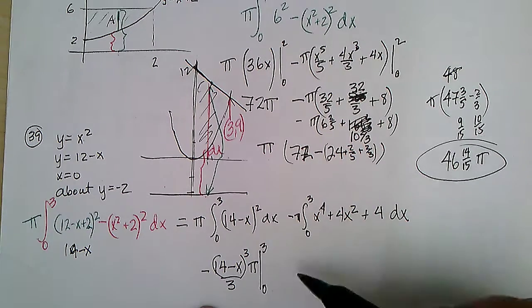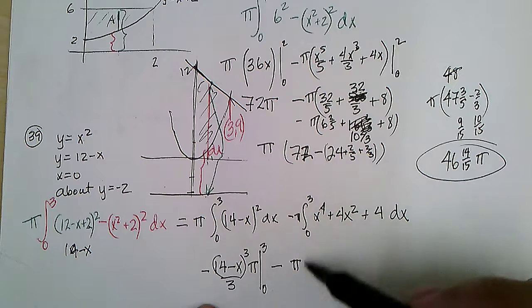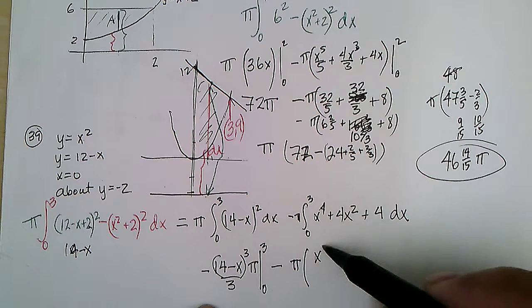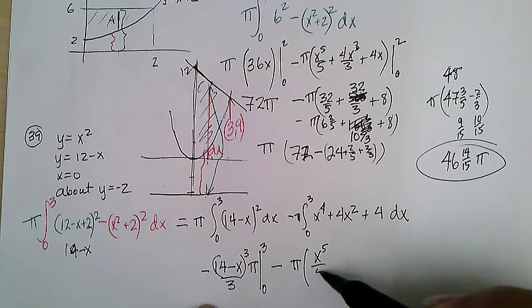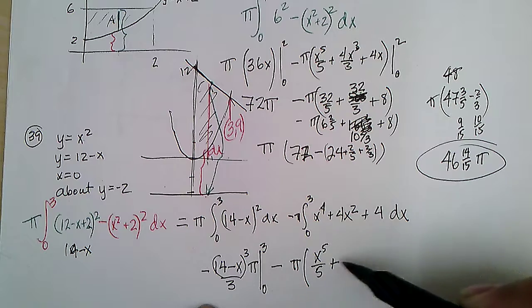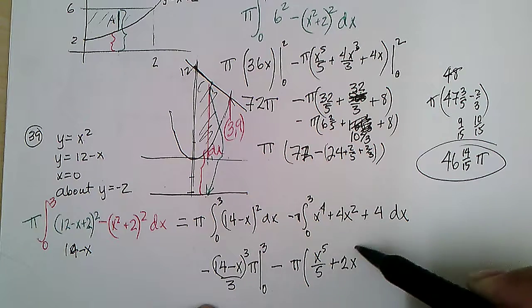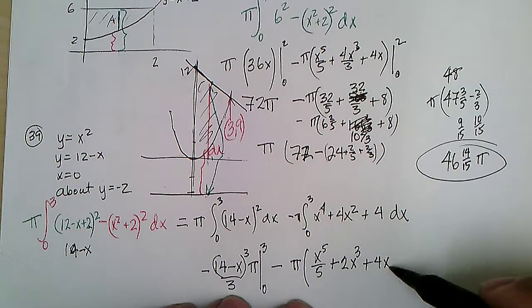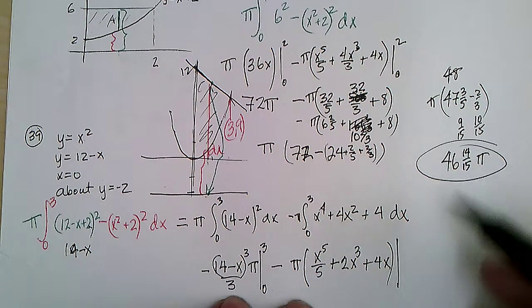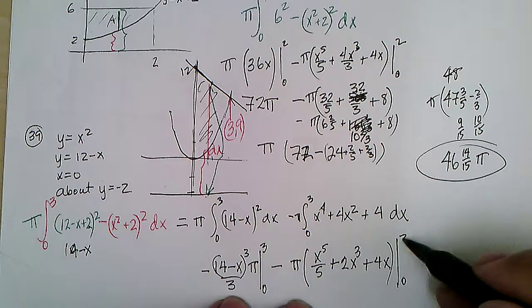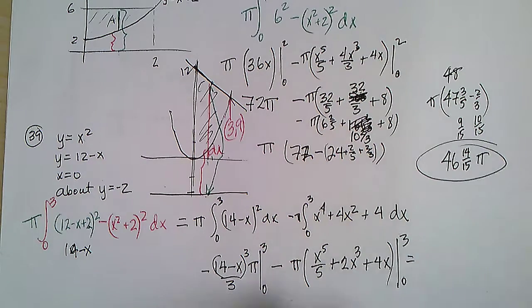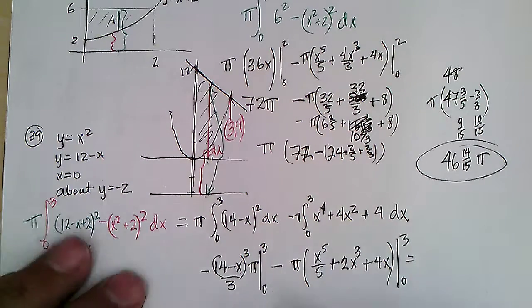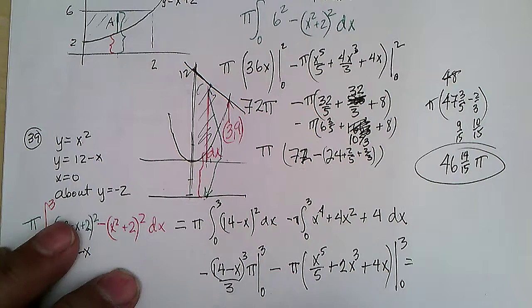And then we have minus pi, and then x to the 5th over 5 plus 2x to the 3rd plus 4x, evaluated from 0 to 3. So both of them are times pi.